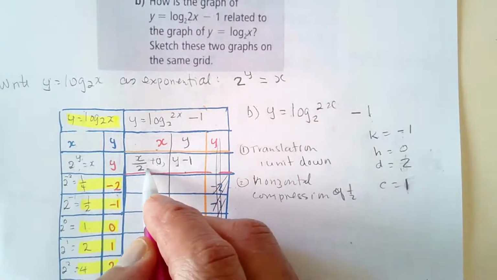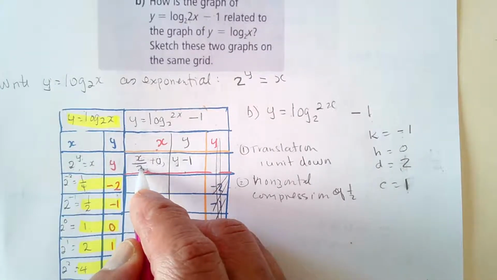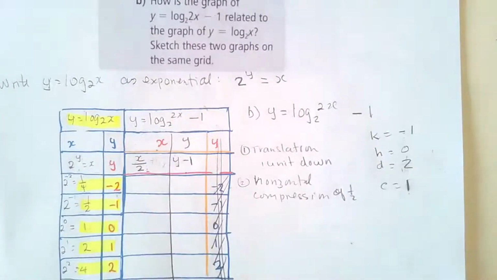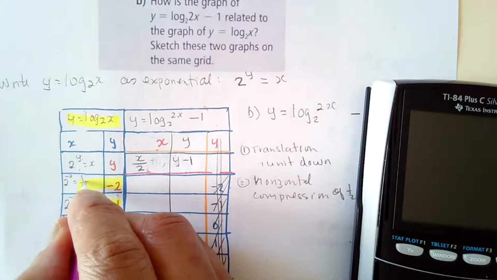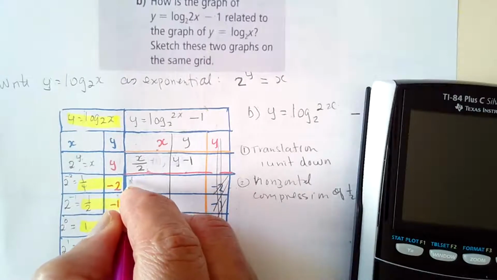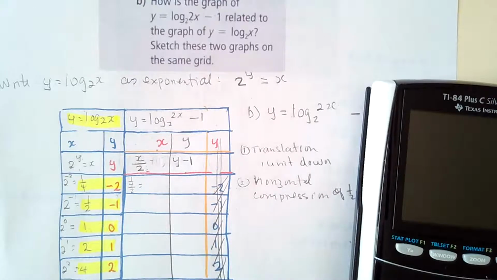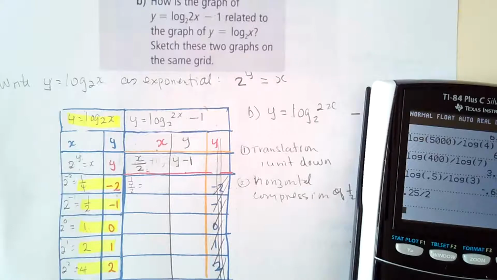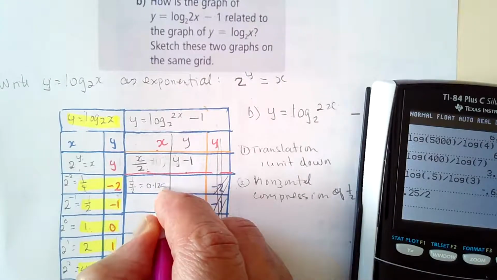So x over 2, so we have a quarter divided by a half. We can remove this now because we don't need this 0. So if we do that, x is a quarter, so 1/2 divided by 2. So what do we get here? That gives me 0.125.